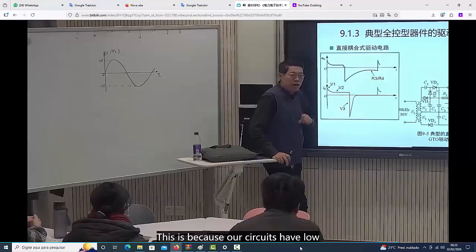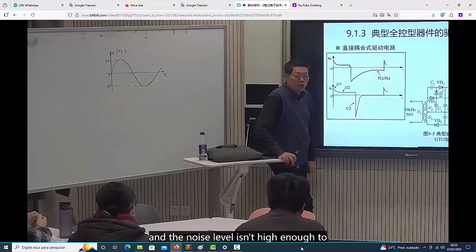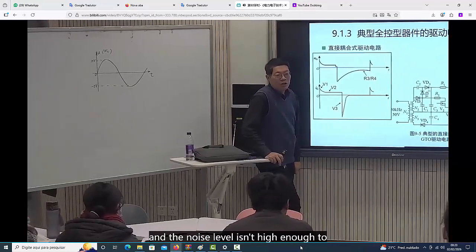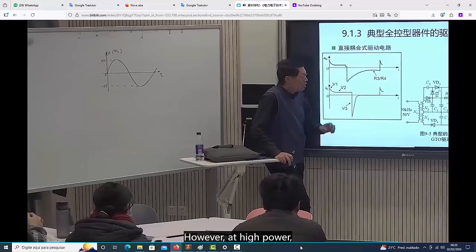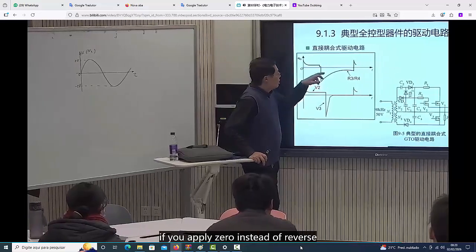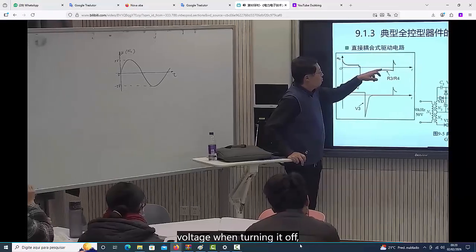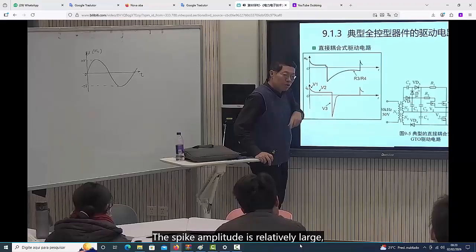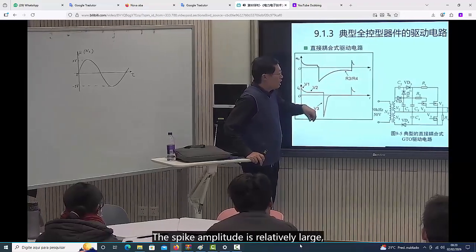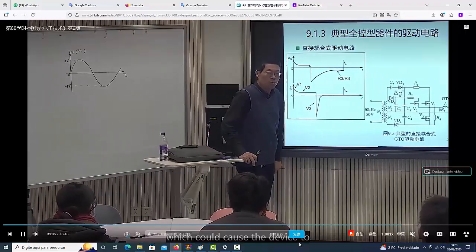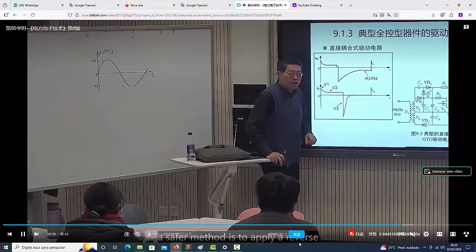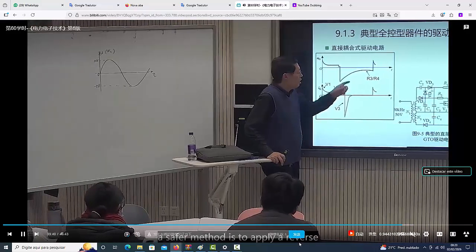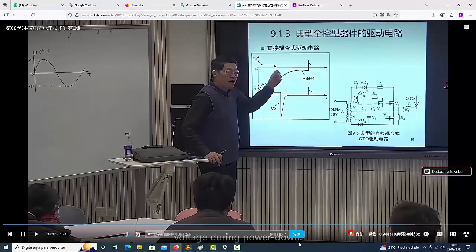This is because our circuits have low power, and the noise level isn't high enough to reach that level. However, at high power, if you apply 0 instead of reverse voltage when turning it off, it might generate some spikes. The spike amplitude is relatively large, which could cause the device to misconduct. Therefore, a safer method is to apply a reverse voltage during power down.